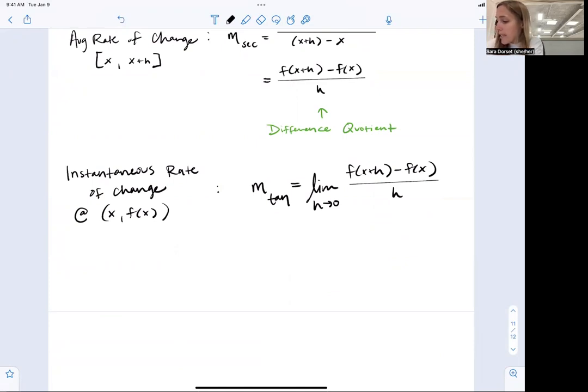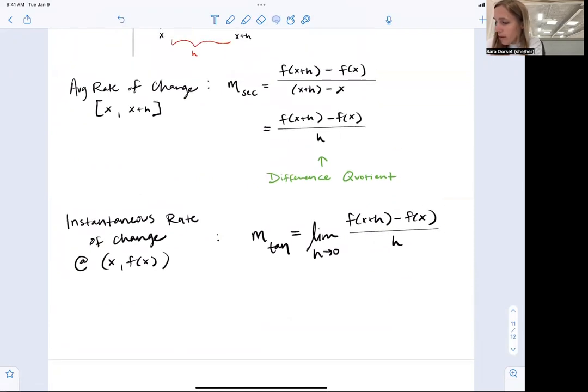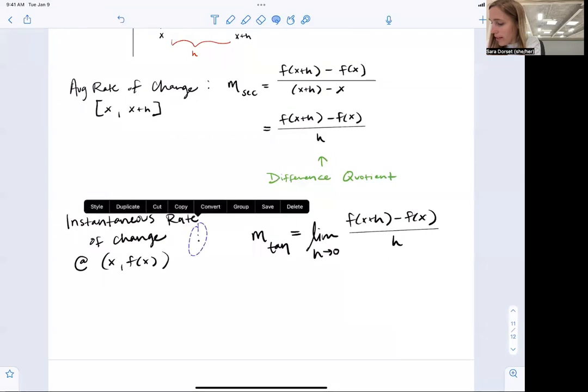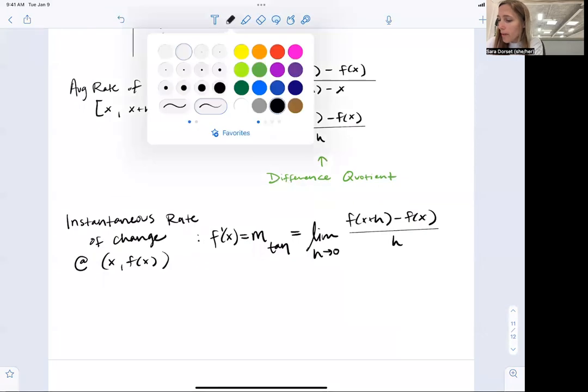So M tan, that can also be represented, you can think of it as f prime or y prime, depending on the notation you're using. So this is our derivative.